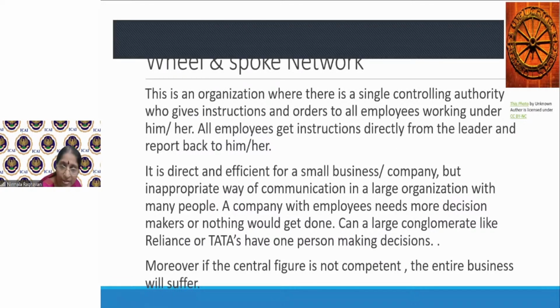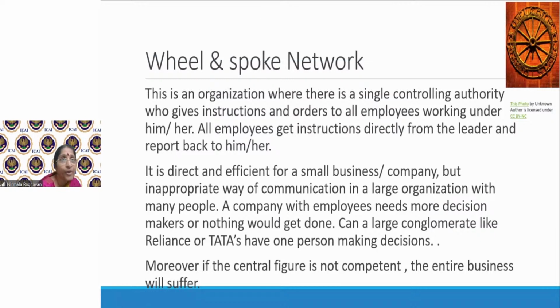Why? Because a large company cannot be managed by an incompetent person. If there is only one person who's going to be powerful, and if he is an incompetent person, then the company may not work well. Now, what's the meaning of conglomerate? Conglomerate is a group of companies, group companies like Tata's, Birla's, Reliance.